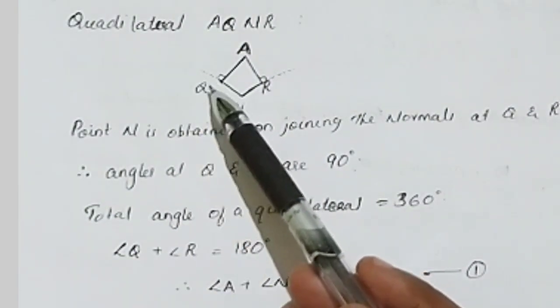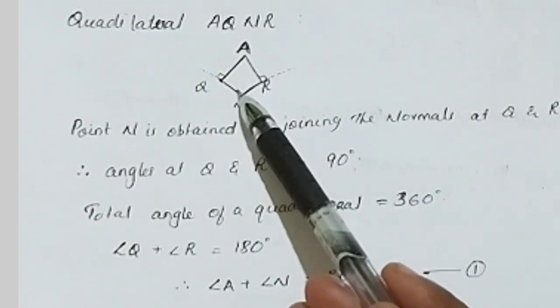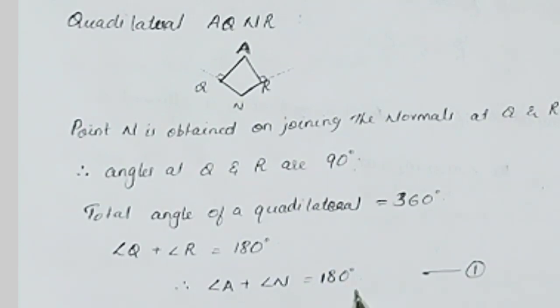So from the quadrilateral AQNR, we reach the conclusion that angle A and angle N form 180 degrees.